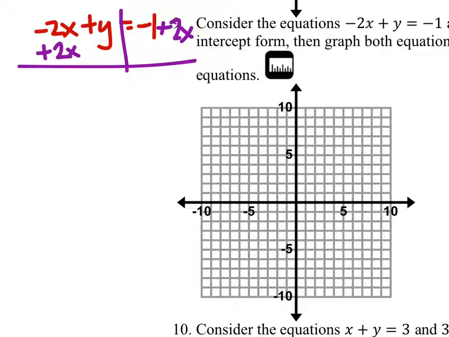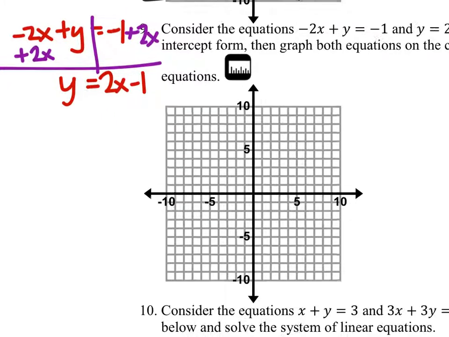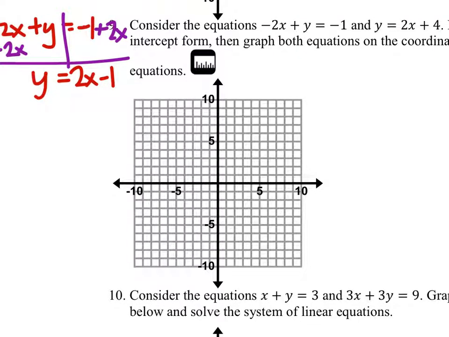Well, this becomes y equals 2x minus 1. And then the other equation that we had, y equals 2x plus 4. And we'll graph that one in purple. Alright, so my y-intercept for the purple one is (0, 4), with a slope of 2.